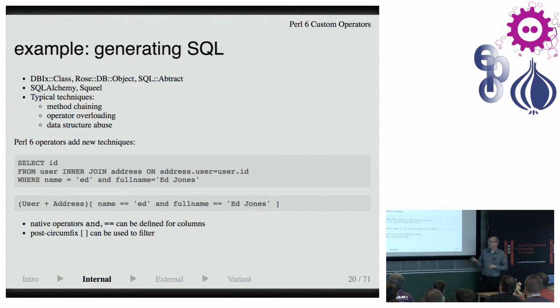So we have new techniques with some of those things that we just talked about. All those operators could be used to generate SQL. So we could write something like this: user plus address, name equals Ed, and full name equals Ed Jones, where we're using plus and equals and we're going to redefine those depending on the type of what's coming in.